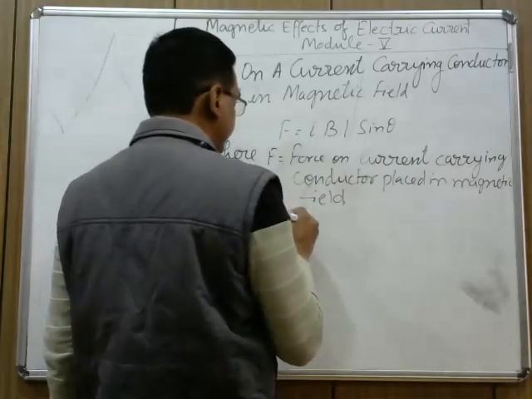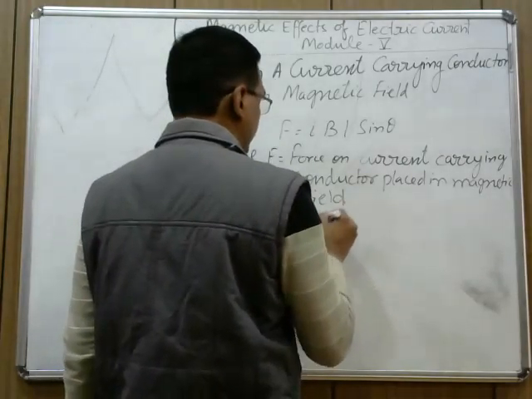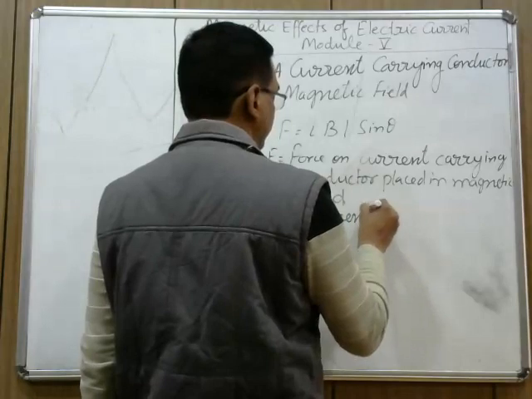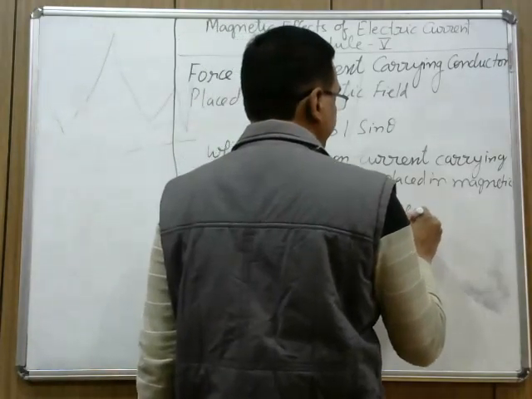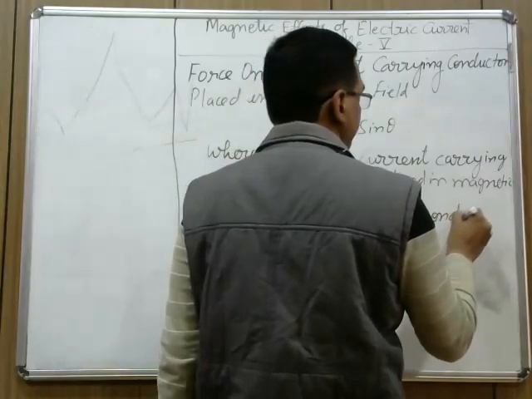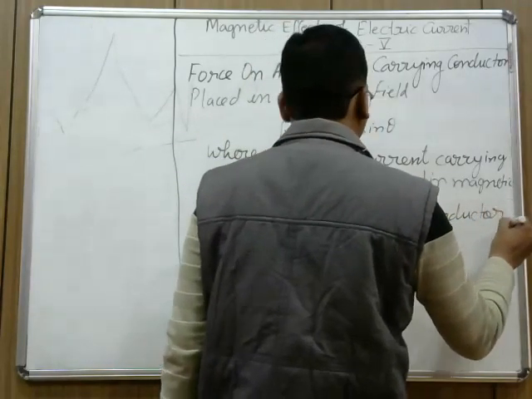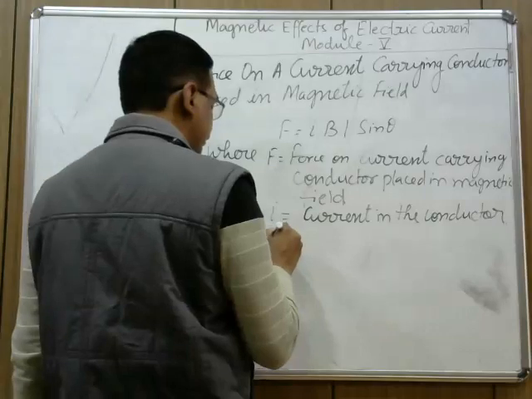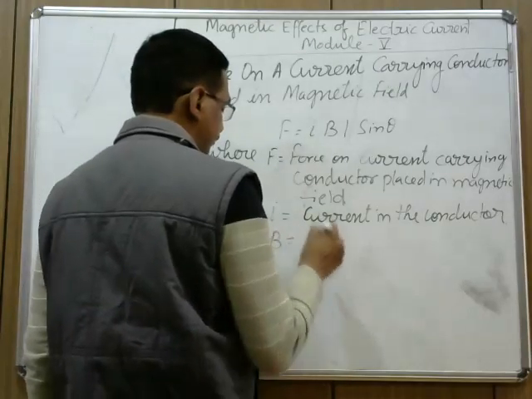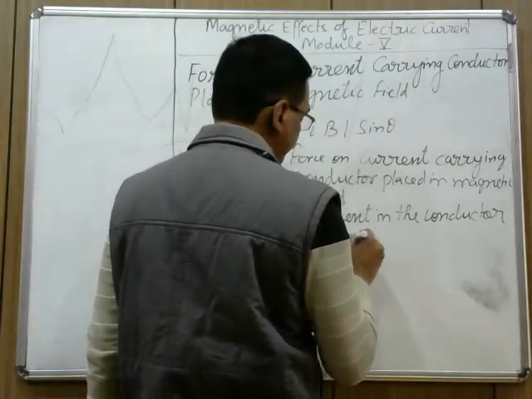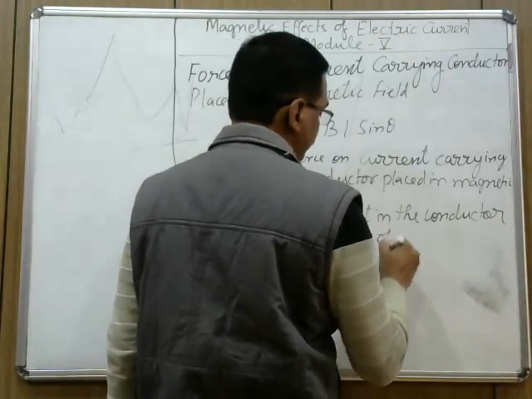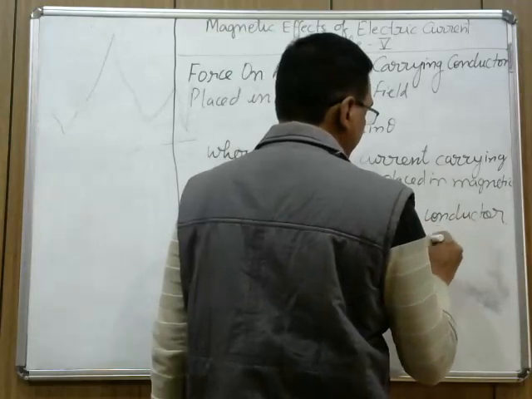I is current in the conductor. B is strength of magnetic field.